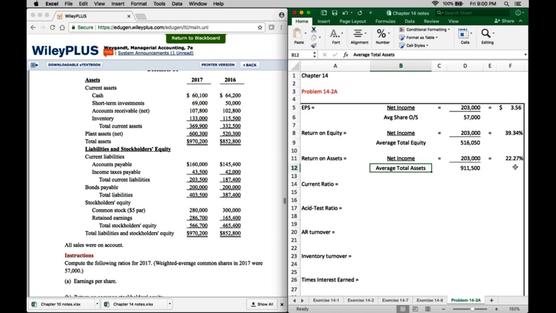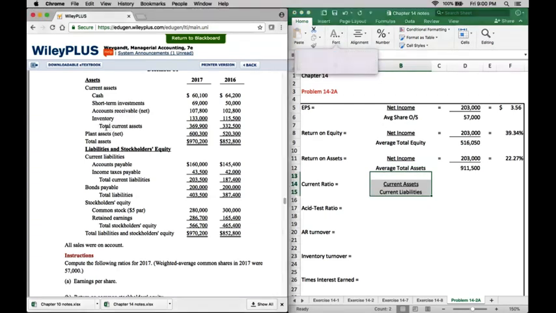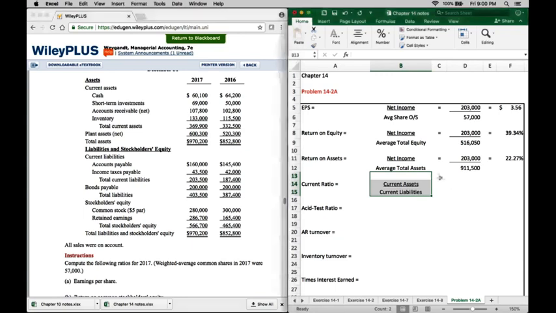Just looking at these numbers, they're good, but again, you need to see what they look like compared to the year before. Current ratio is easy. It's current assets divided by current liabilities. They've told us the total current assets for each of the years, as well as the current liabilities, so you just need to plug in those numbers.